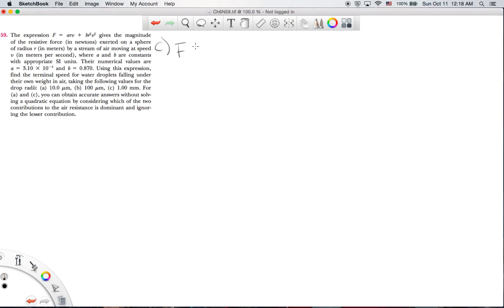And finally, part C. So F equals ARV plus BR squared V squared. But the question says that we can eliminate one of these terms. So if we assume that the velocity will be greater than 1, then we know that this will be much less significant than this term.